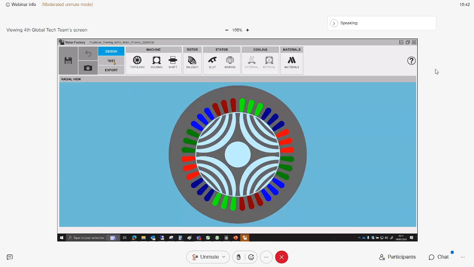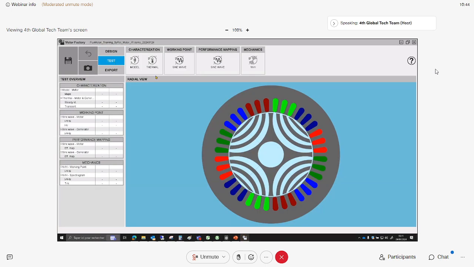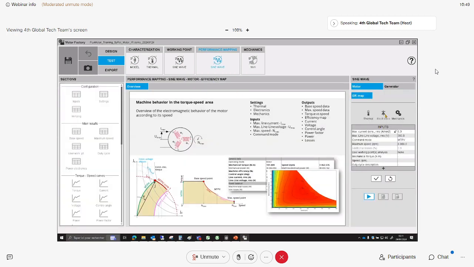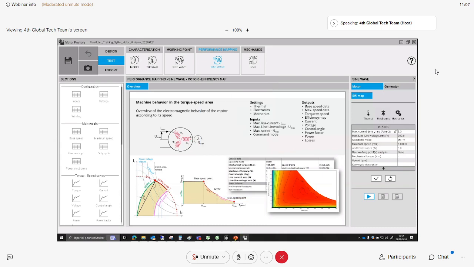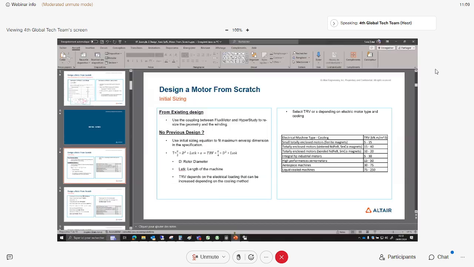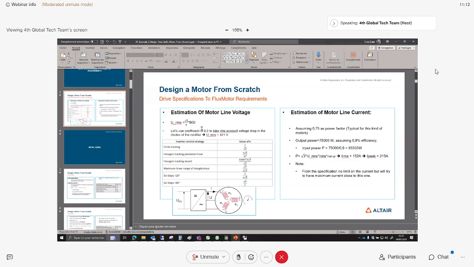Yeah, I just want to come back to the supply. I told you that we can impose here 600 volt DC, and then choose the corresponding control strategy. This is what I did myself here in the computation, and applied this coefficient to take into account the voltage drop in the power electronics.